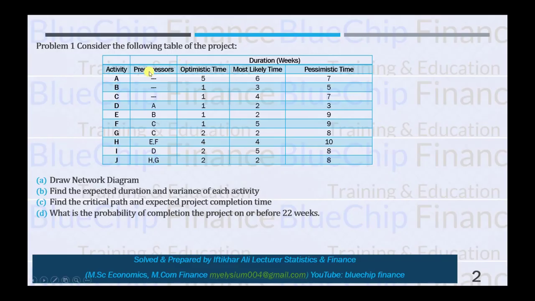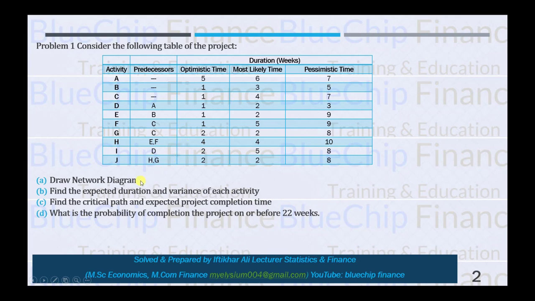So here we take one problem or example to discuss this whole phenomenon. Consider the following table of the project. On the left-hand first column, activities are mentioned, in the next column predecessors are mentioned, and in the next three columns the duration in weeks is given: optimistic time, most likely time, and pessimistic time.